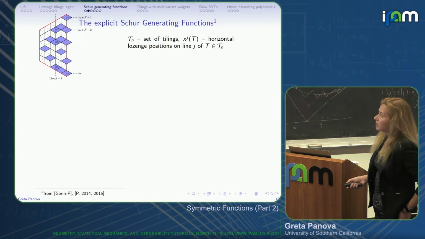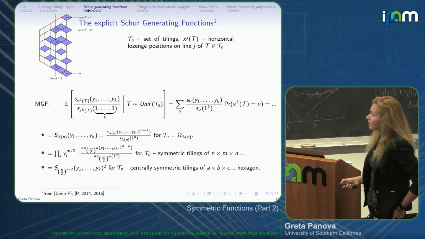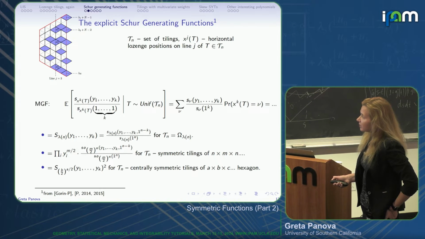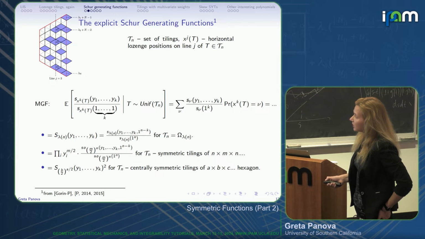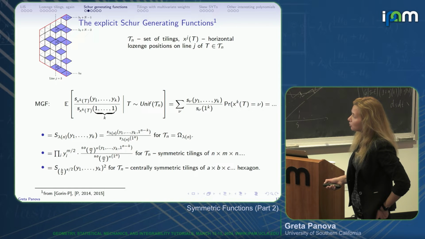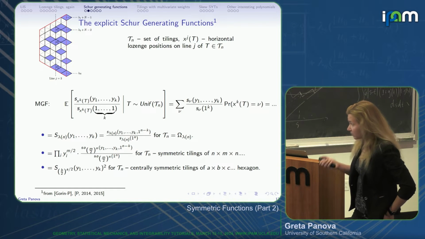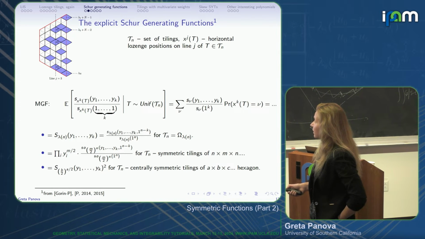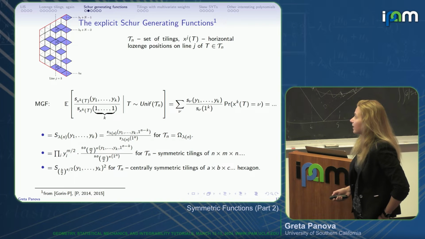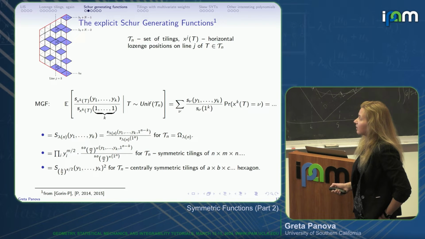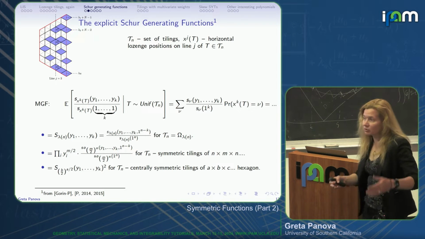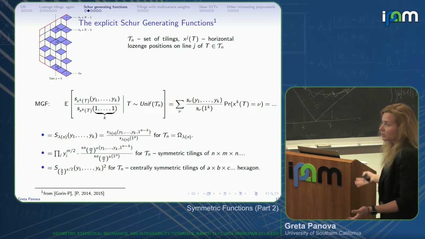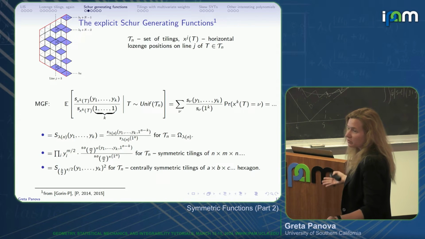And then we can calculate it in all these cases. So in the case I showed you, we have S lambda, a ratio of 2 Schur functions. In the other cases, we have also something specific. These are orthogonal group characters. This is this thing squared, and so on and so forth. And now we can do some asymptotic analysis. How do you prove the law of large numbers, for example, with moment generating functions?